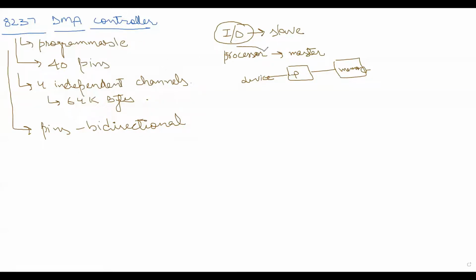And when it is working as a processor, at that time those pins will act as output pins. So some pins are bidirectional in nature, and other pins have only one direction, either input or output.